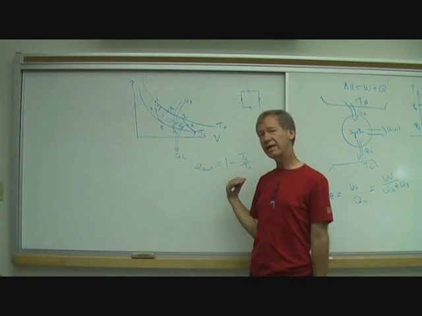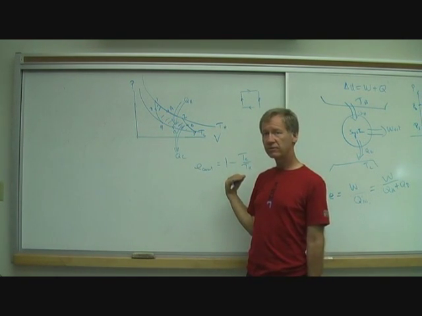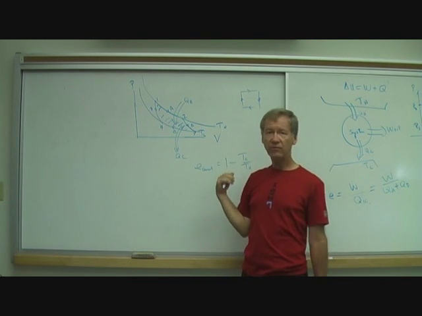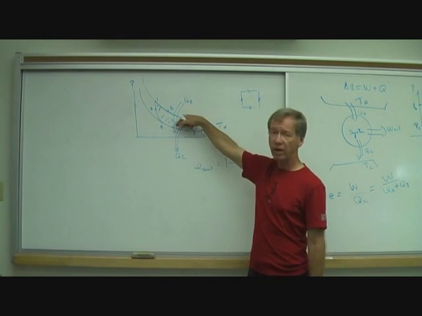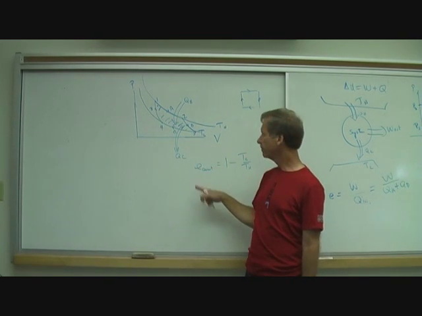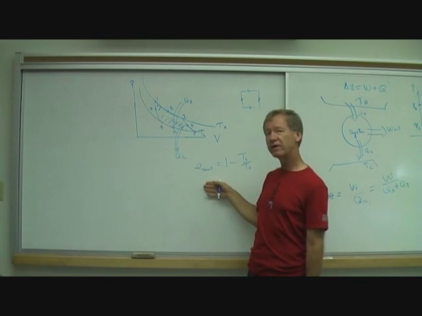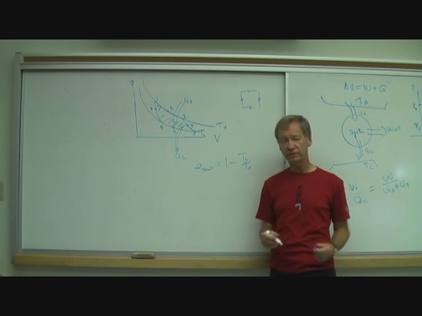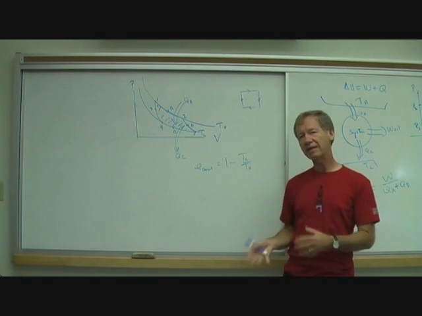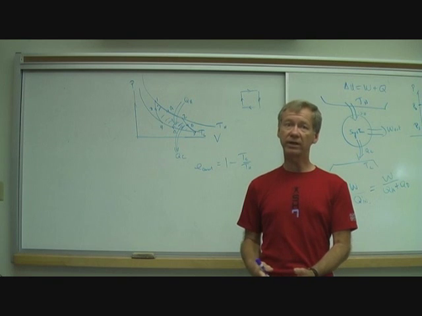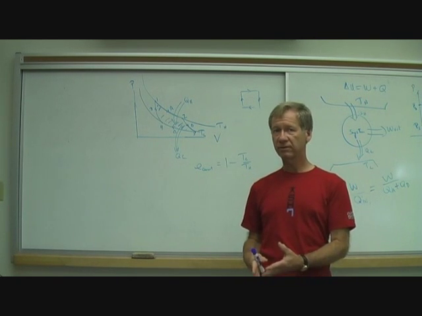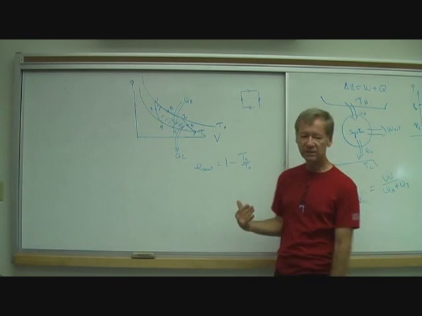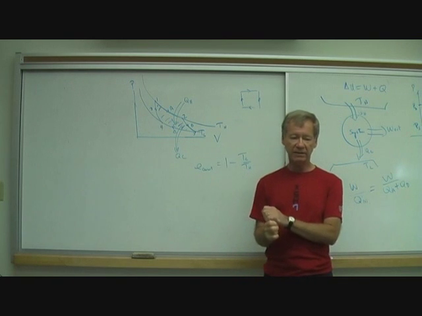That's the work that we get to do out. Okay? And that we only worry about QH in, right? Not QC out. That would end up giving us this for our Carnot engine. It's the best possible engine there is, right? Heat engine.